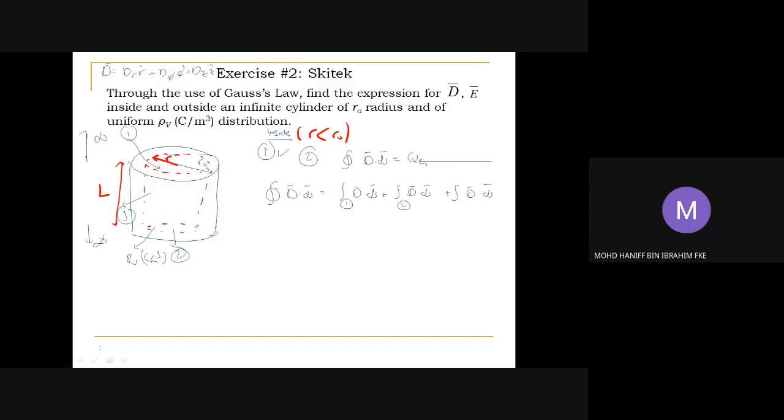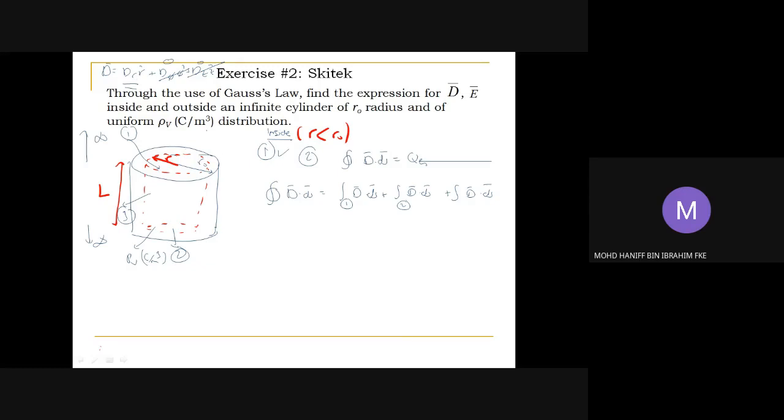But since we have an infinite length of line charge, or infinite length of cylinder, we can assume only one direction. So the direction will only be in the R direction, where the phi and the Z components can be equated to 0. So we only have a single direction of R for this particular case.